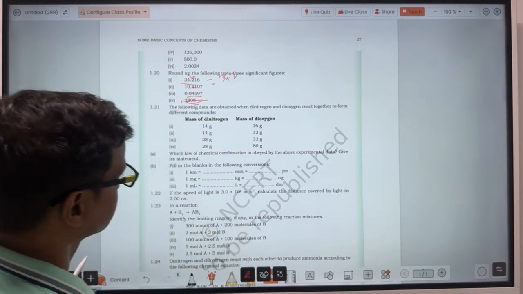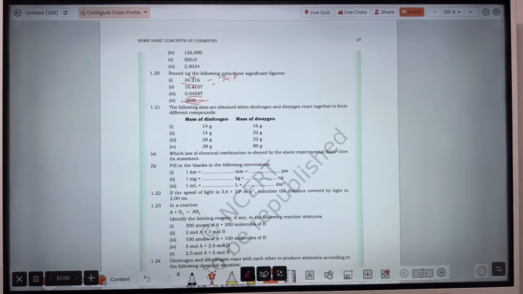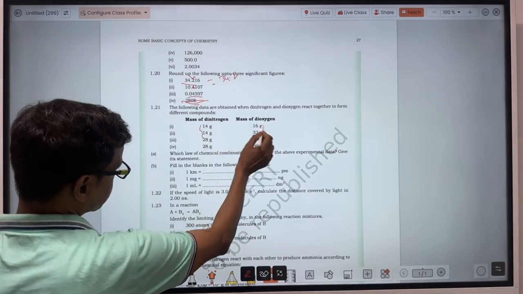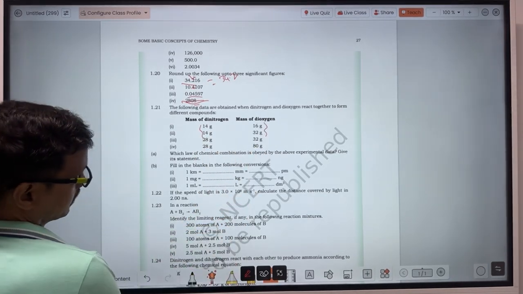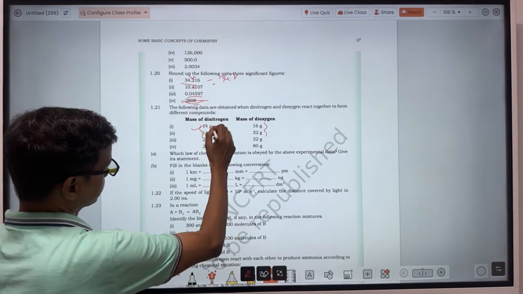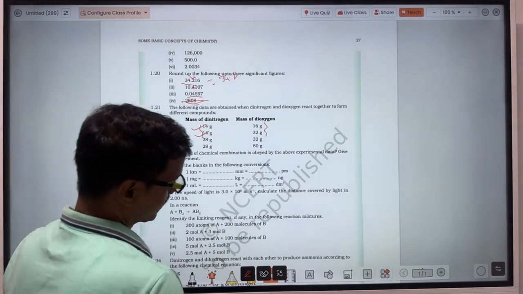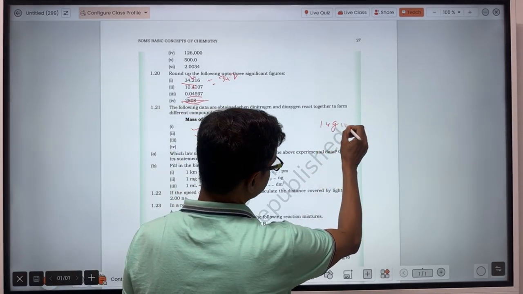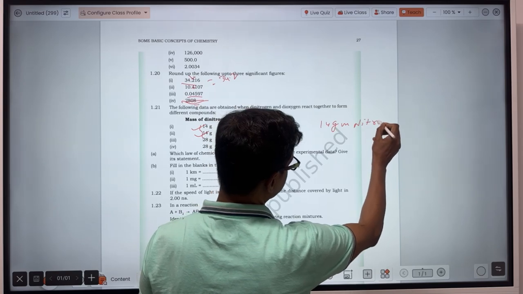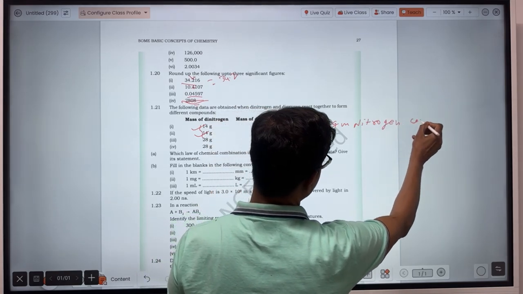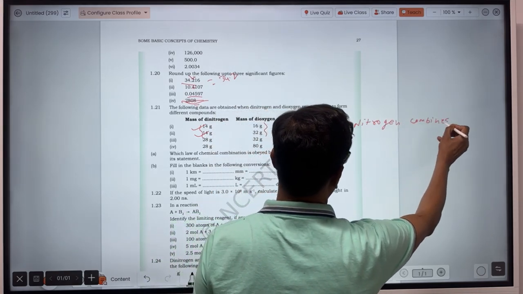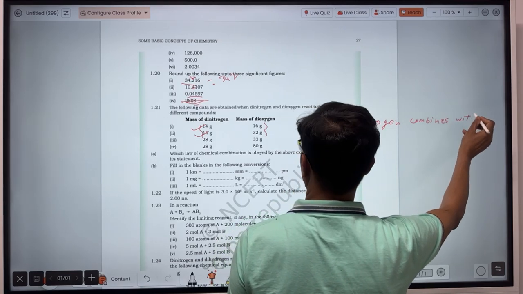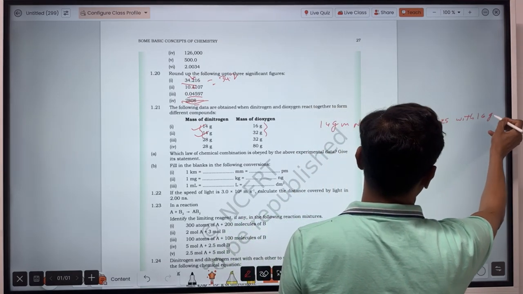Mass of nitrogen, mass of dioxygen has been given. Same number of dinitrogen. So that means here 14 gram nitrogen combines with 16 gram oxygen.